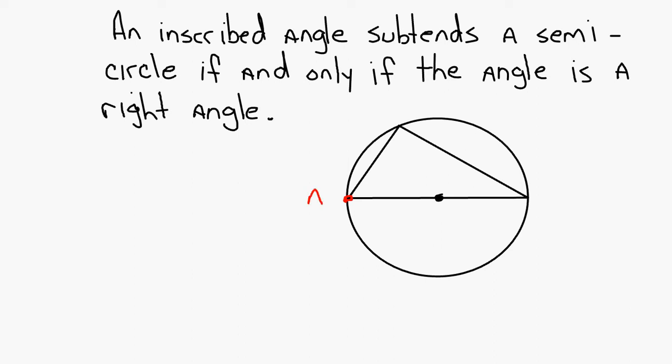Points A and B are on the diameter. You've got an inscribed angle, its vertex is on the circle, and its end points are on the diameter. That means it intercepts a semicircle. It makes this 90 degrees. Every time, because the arc measure of this semicircle would be 180 degrees.